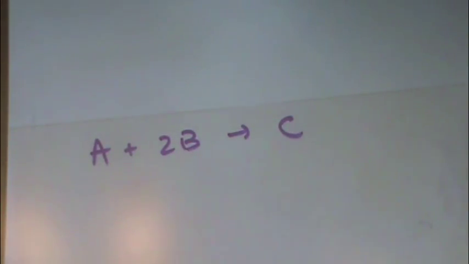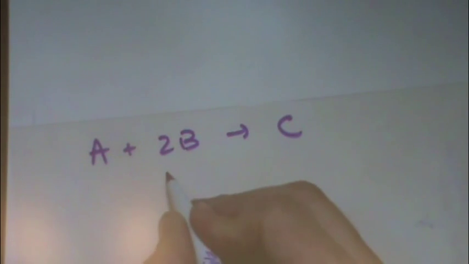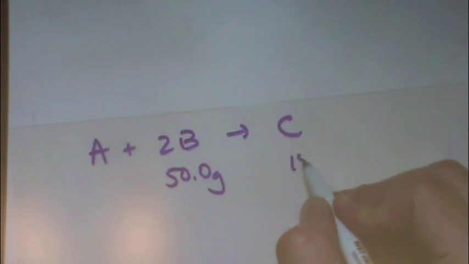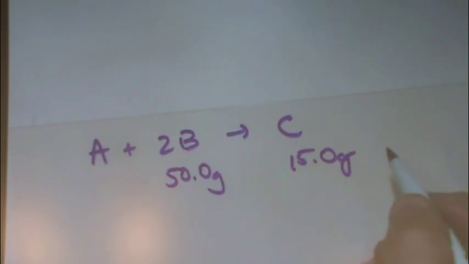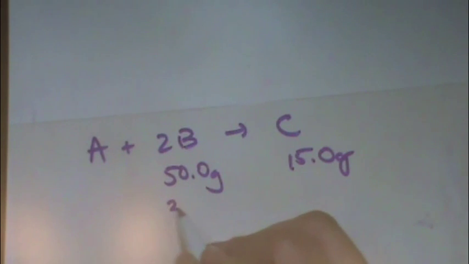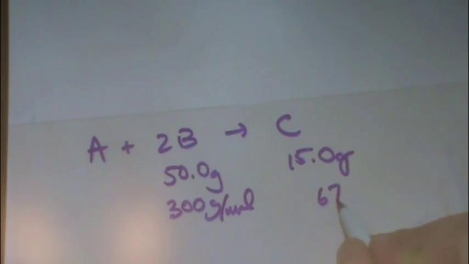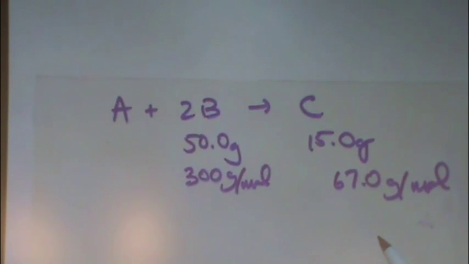A plus 2B goes to C. You start with 50 grams of A. You isolate 15 grams of C. If you know that the molar mass of B is 300 grams per mole, and the molar mass of C is 67 grams per mole, I want to find the theoretical yield and the percent yield that is represented by the above.